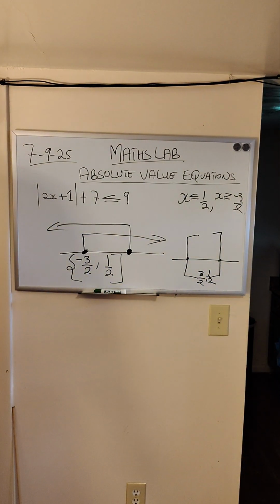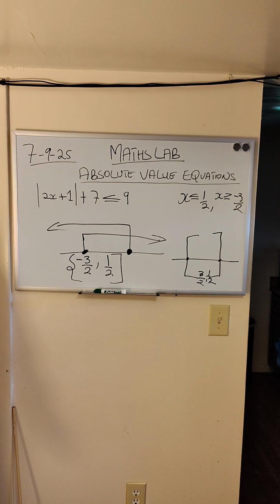Let us see if we can do the last one for our maths lab. And then tomorrow we're going to look at the lines and the slope. We're going to learn something about lines. It's going to be interesting.